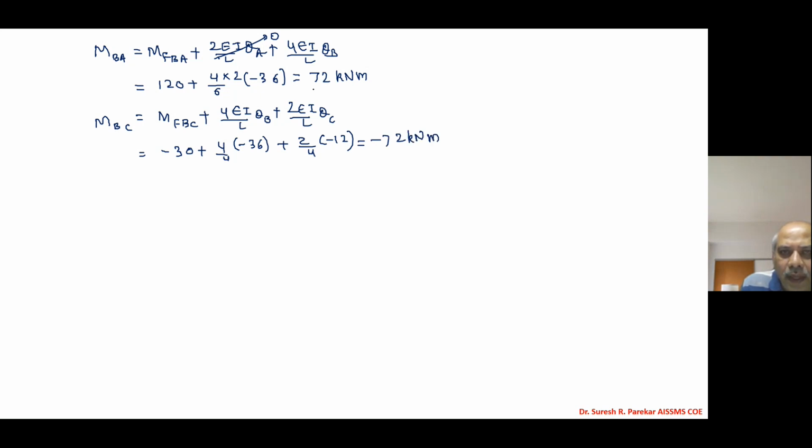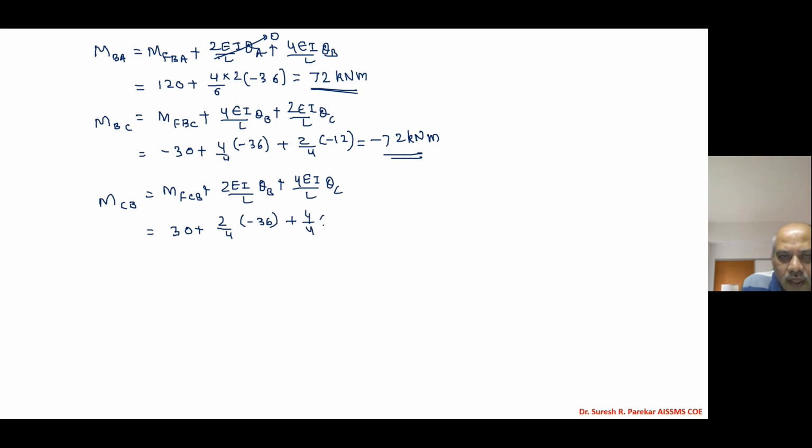So you can see MBA is equal to MBC in magnitude. Then the last, MCB equals MFCB plus 2 EI upon L theta B plus 4 EI upon L theta C. Substituting the values, 30 plus 2 by 4 into minus 36 plus 4 by 4 into minus 12, we get 0.